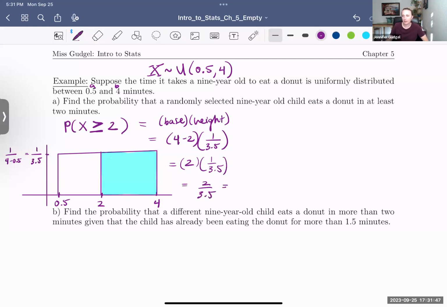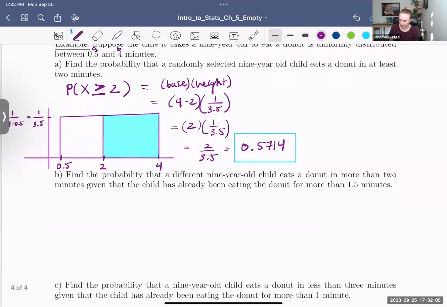When I put this into my calculator, I get 0.5714. So the probability that a selected 9-year-old child eats a donut in at least 2 minutes is 57.14%. Pretty good odds there, more than 50%.